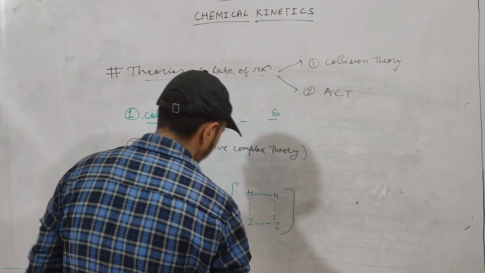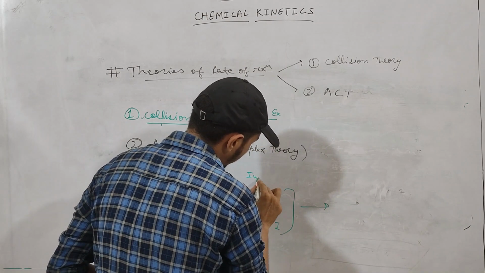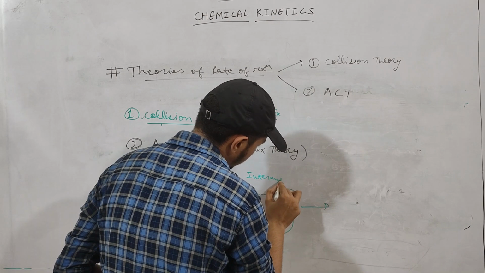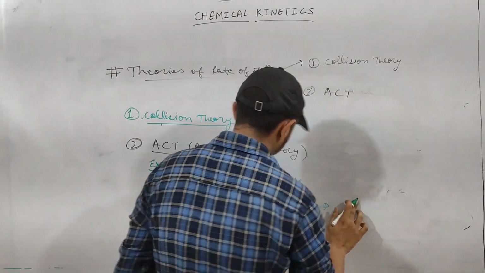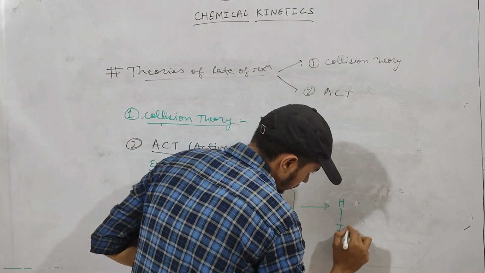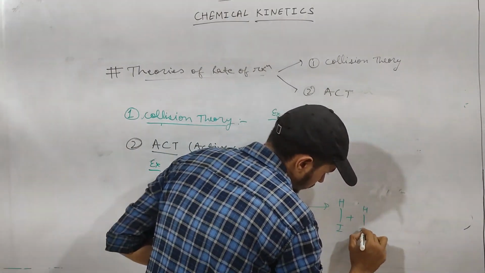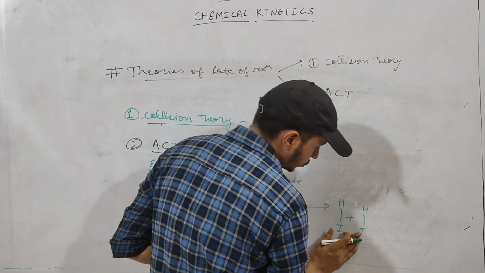This is also an intermediate or activated complex. Now this reaction will move further, and these bonds will break and the formation of HI plus HI will happen. So this intermediate has more energy than the reactant and product molecules.